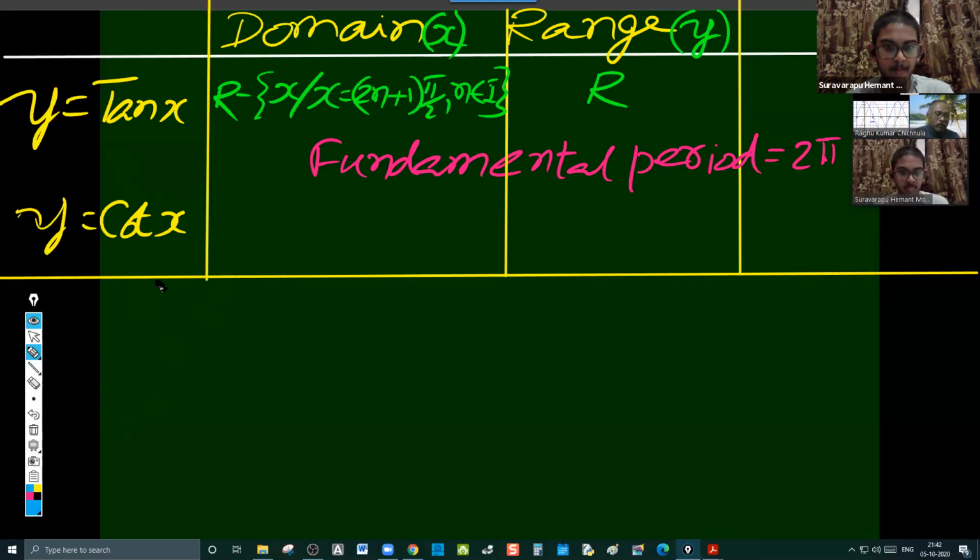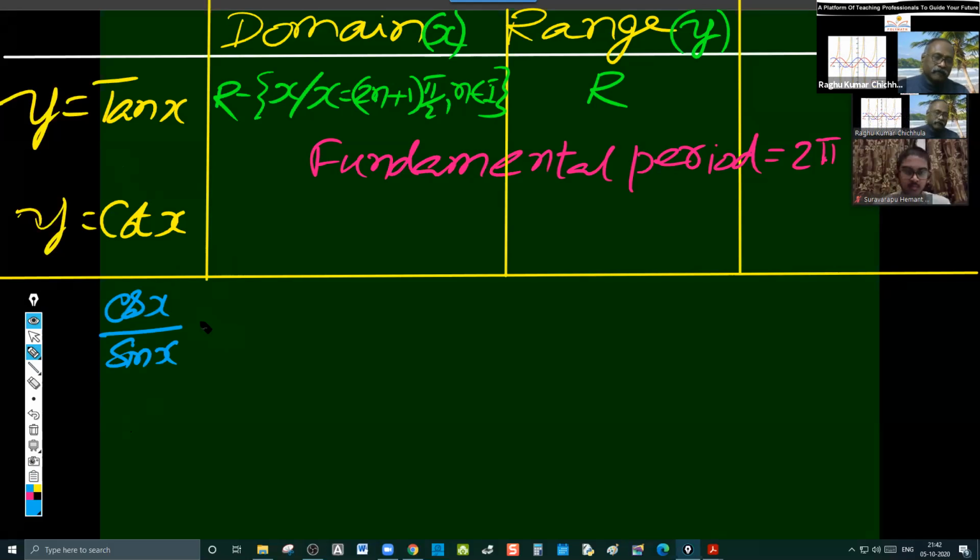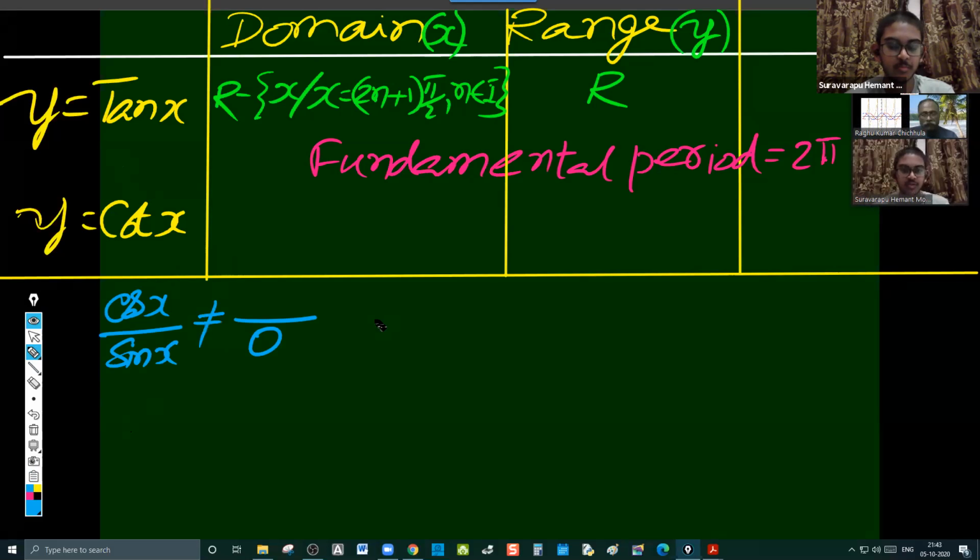Cos by sine. Yeah, cos x by sine x. Come on, tell me what should not happen. Sine x should not be equal to 0. That is, x should not be 0 degrees, pi, or any n into pi. Very good.